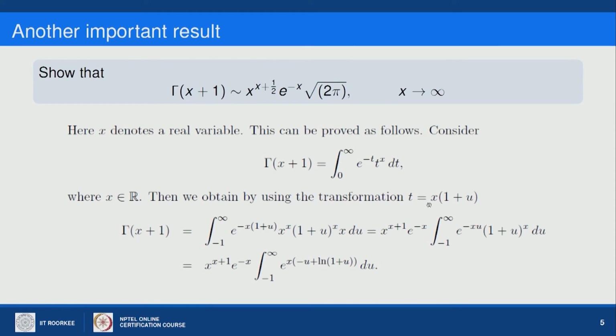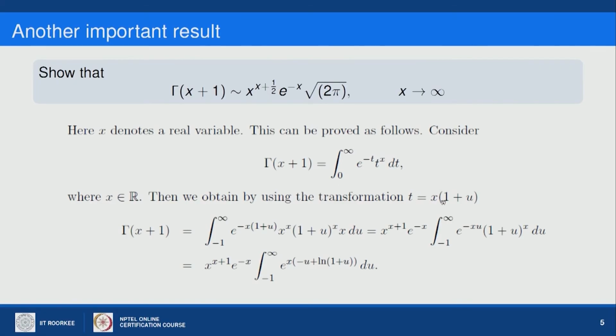Now, what do you do in this? Substitute t equals x into 1 plus u. Then the left hand side will remain as gamma x plus 1. In the right hand side, when t is 0, u will become minus 1. When t is infinity, u will remain infinity. So, it will become the integral from minus 1 to infinity of e raised to power minus t.